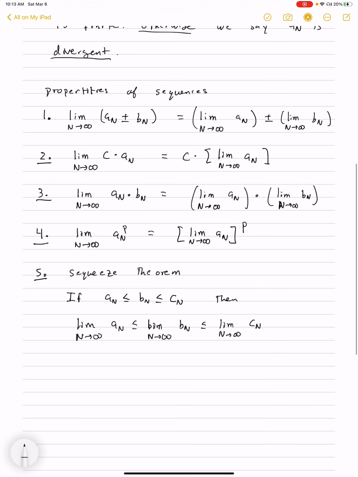And this next one is a consequence of the squeeze theorem. It says this: if the absolute value of a sub n is convergent, then the original sequence is convergent.